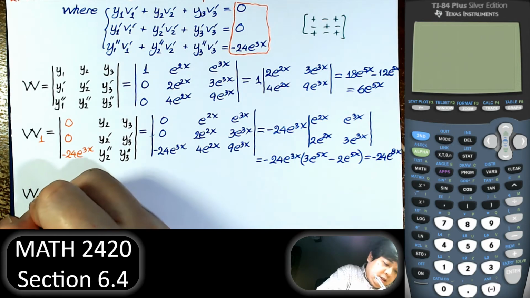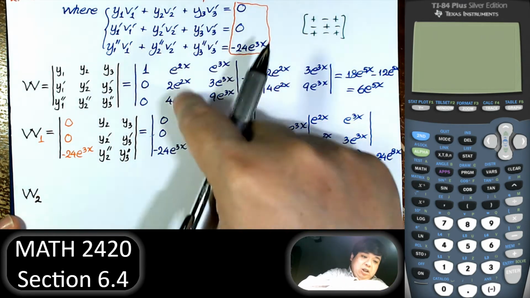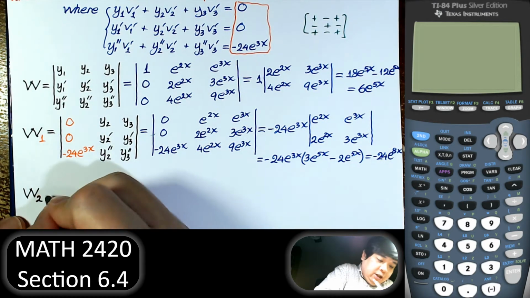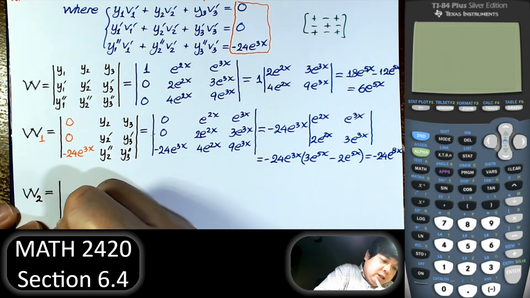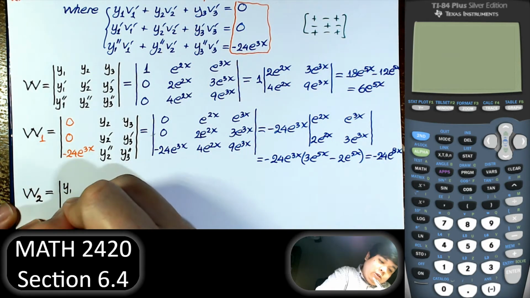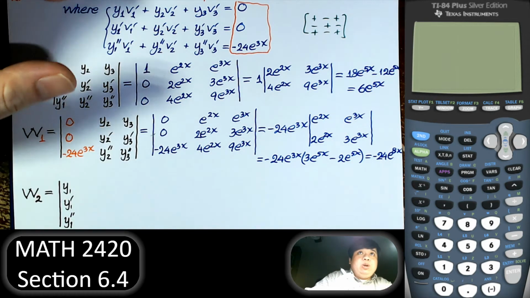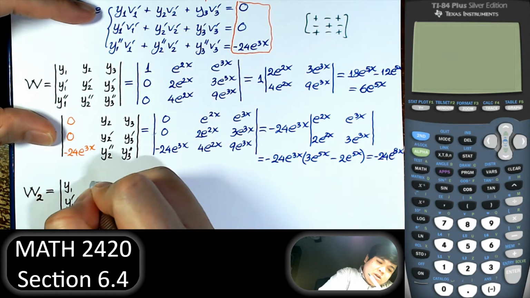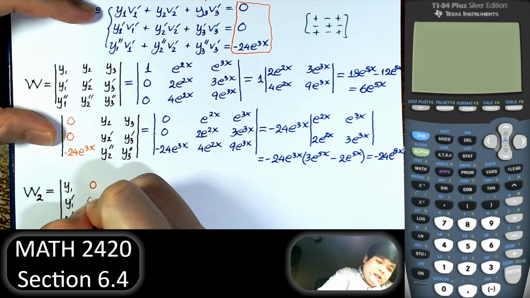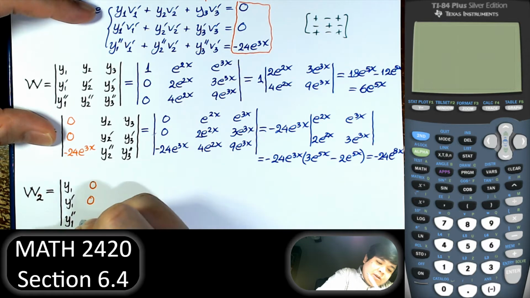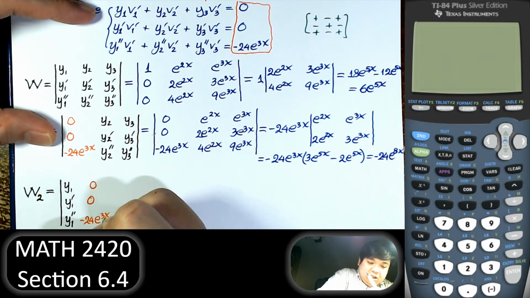And now W2. For W2, I'll replace that into row 2. The first one we still have y1, y1 prime, y1 double prime. And then for y2, replaced by the last column. So Cramer's rule here, it's just a bit tedious. But systematically, it's not that bad.